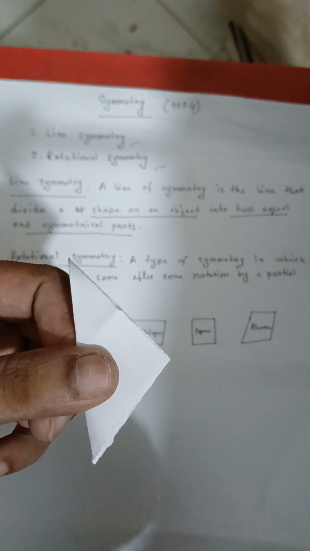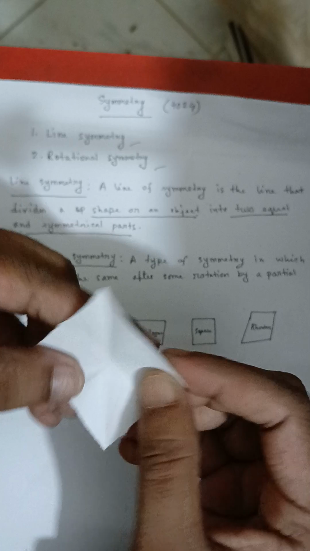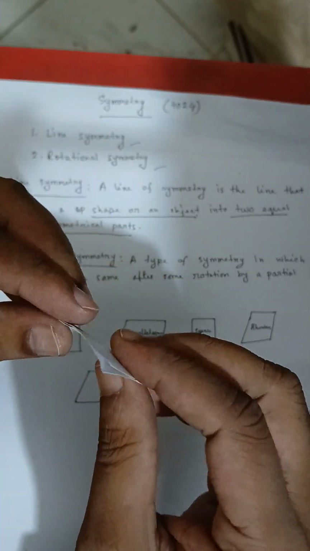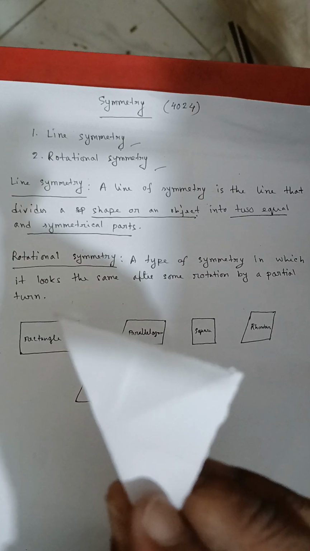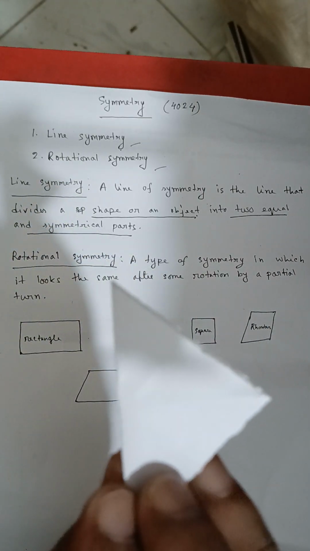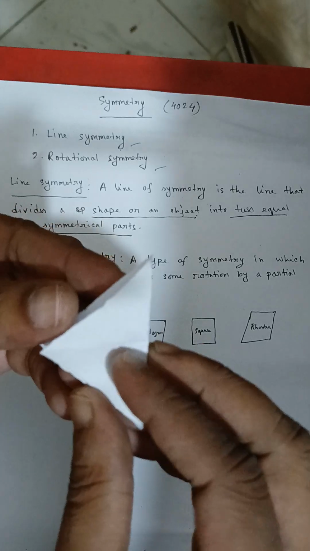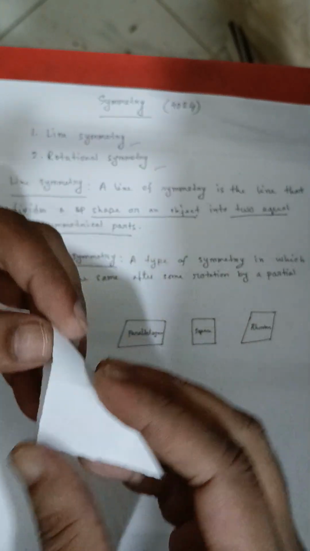So it is one line of symmetry. Okay, if I fold it along the other diagonal, I will see that it fits perfectly. It overlaps perfectly. So I can say it has two lines of symmetry. One is this one and another is this one.